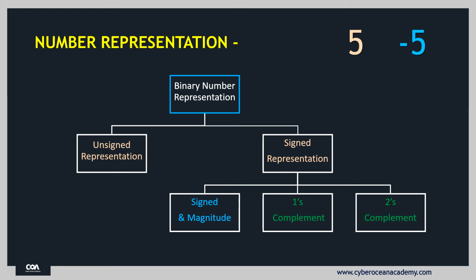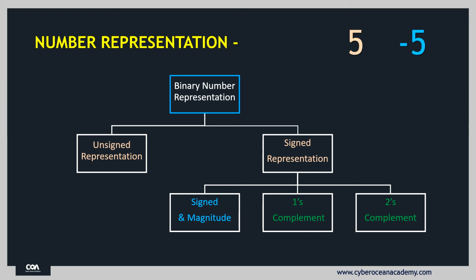Binary number representations are categorized as unsigned representations and signed representations. Unsigned representations are applicable for only positive numbers, and signed representations are applicable for both positive and negative numbers.